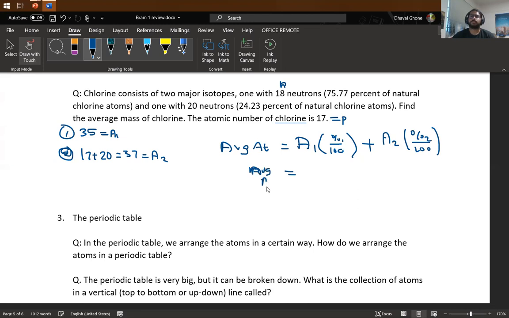atomic mass. Okay. So in this case, I have atomic mass 1 of 35 multiplied by 75.77 divided by 100. So it gives me 0.7577 plus my second mass is 37 and multiply that by 24.23 divided by 100. So that gives me 0.2423. Okay, so I'm supposed to run this number through a calculator.